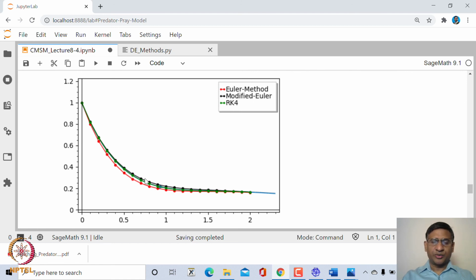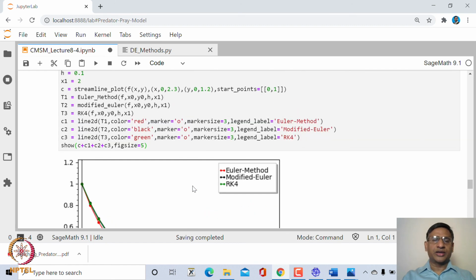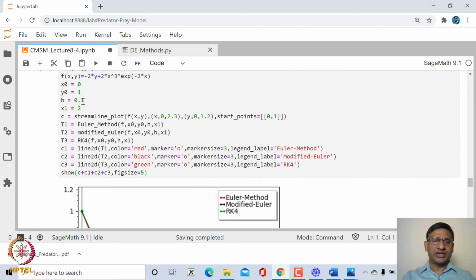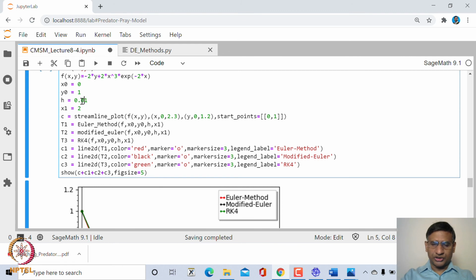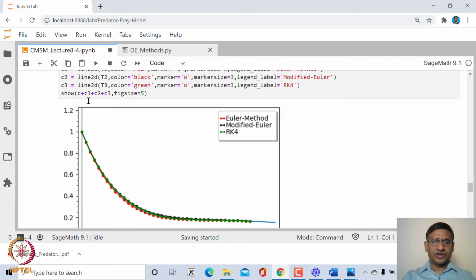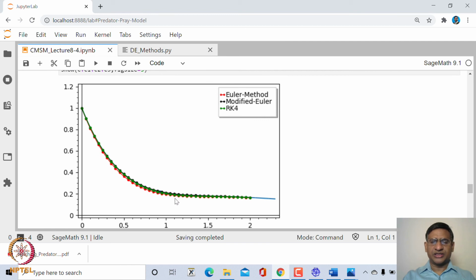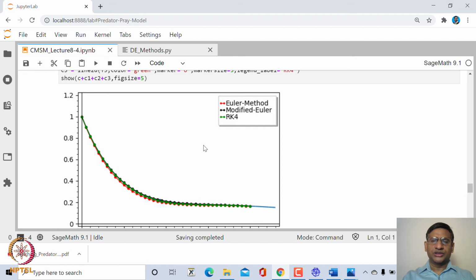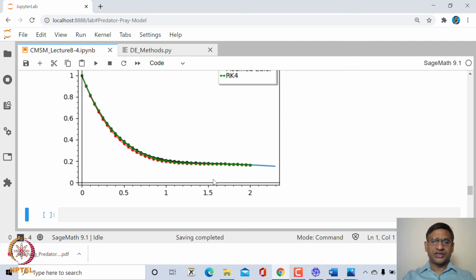Again you can see modified Euler's method is much better than Euler's method, whereas the RK4 method is better than these two. If you reduce the step size, for example to 0.05, half of 0.1, and plot, you can see the approximation is much better. This is how these three methods compare with each other.